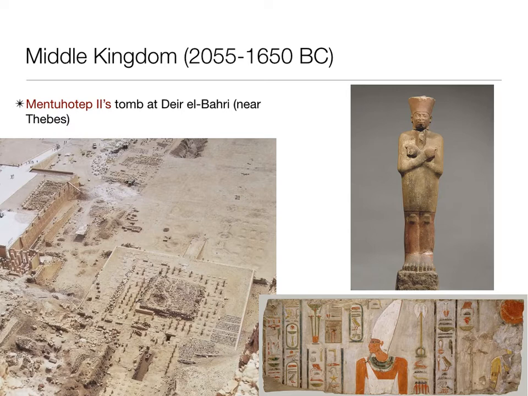As we said, Mentuhotep is one of the important founding kings of the Middle Kingdom, and he built a large tomb at a site called Deir el-Bahri, across the river from Thebes. The Valley of the Kings isn't built yet. That's the New Kingdom, but it's in the same complex on the west side of the river.